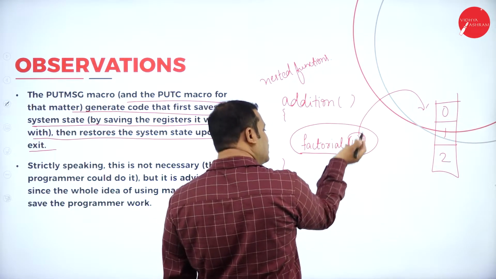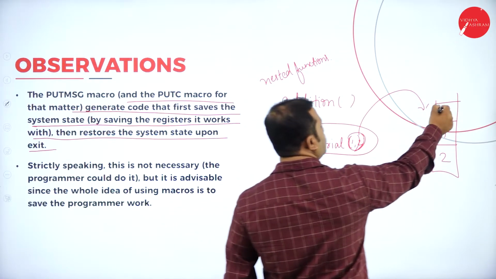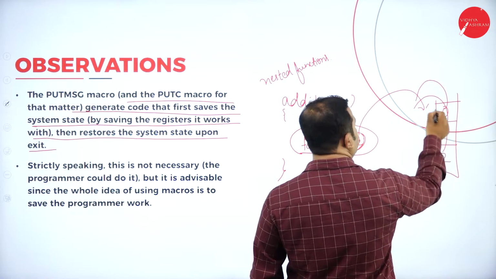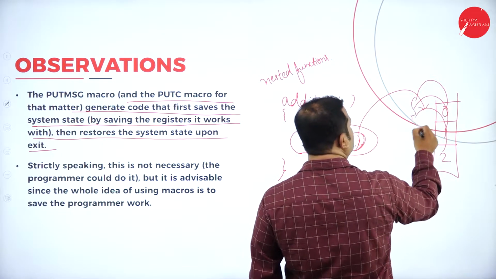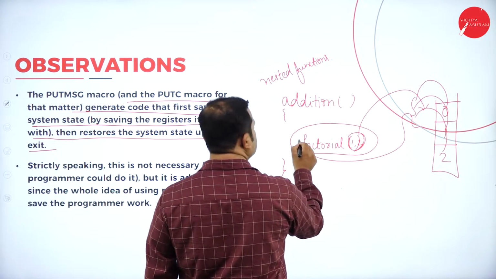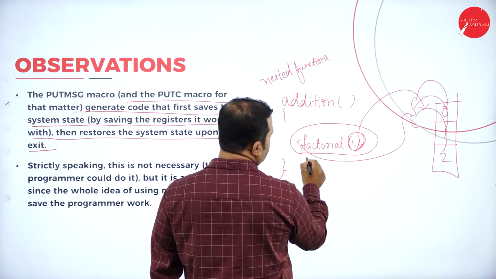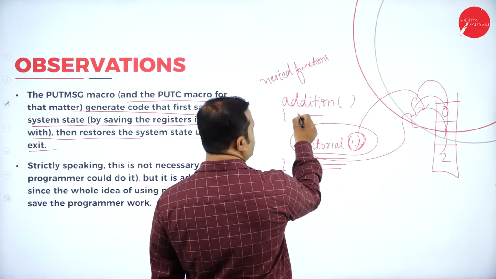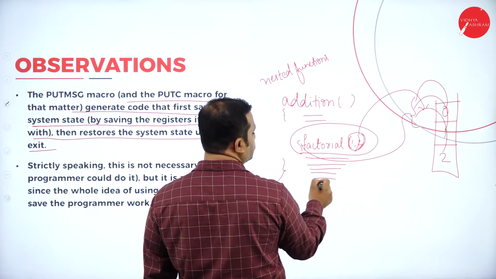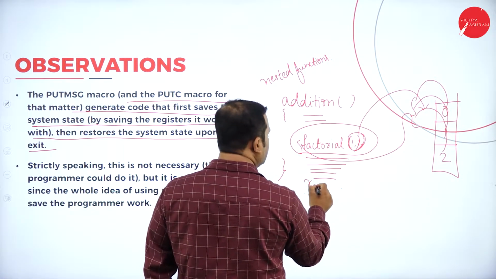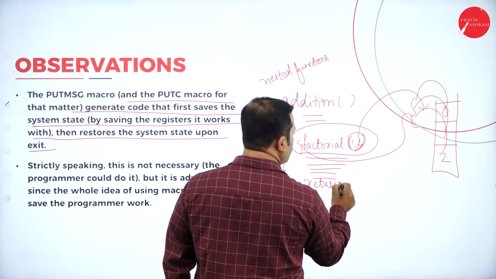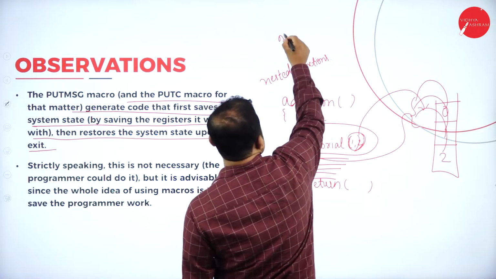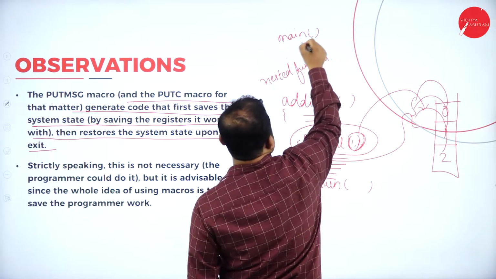Once it returns a certain value, it uses the parameters, then returns the computed result to this section. Then finally the next statements are executed. Then the statements of this addition function are executed. Then finally it returns its own function value here to the main function.